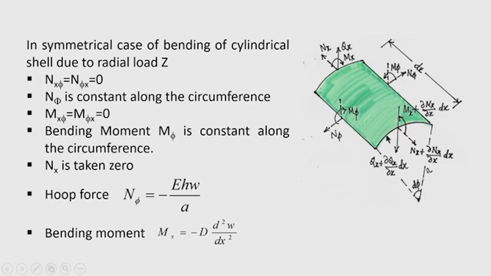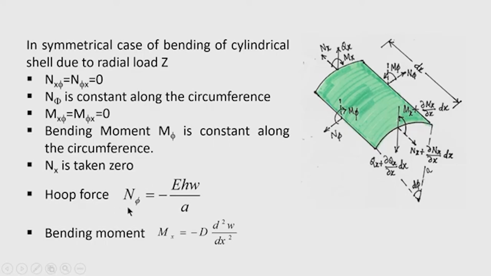It is dependent only on x, the longitudinal distance from the point of reference. The bending moment m phi, in the tangential direction, is constant along the circumference. That is another assumption in this theory: the shell is subjected to axisymmetrical loading and the loading is only in the radial direction. The longitudinal membrane force n x is taken as 0.